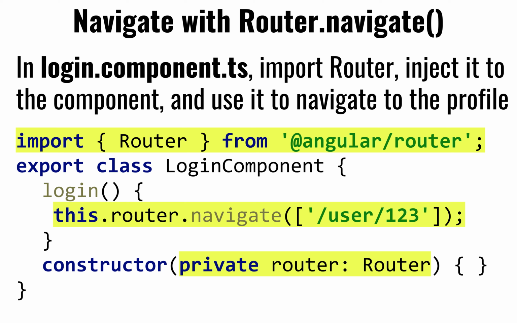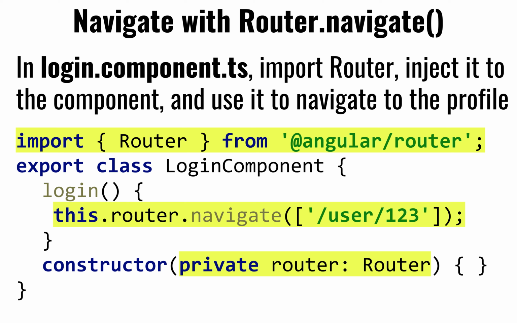Very much like in JPA, you can add Autowired, and magically you get an instance of whatever you ask for. So same thing here. We can ask for whatever we want to be injected by defining it in the constructor, router, and an instance of that router will be injected.